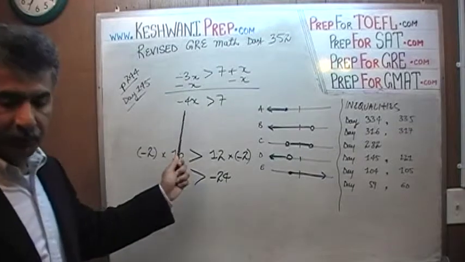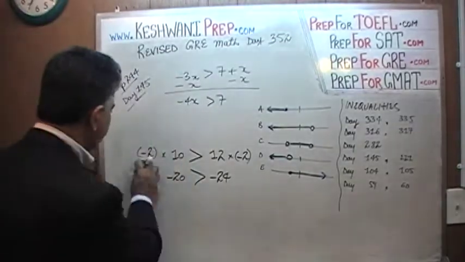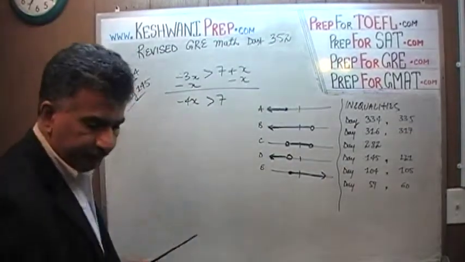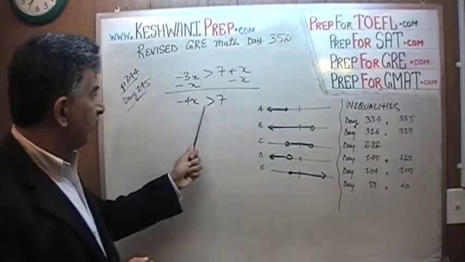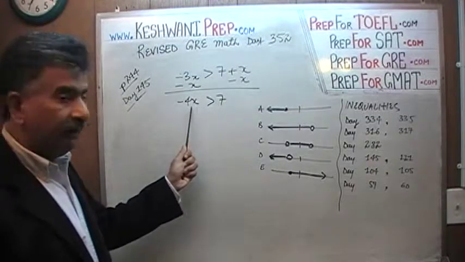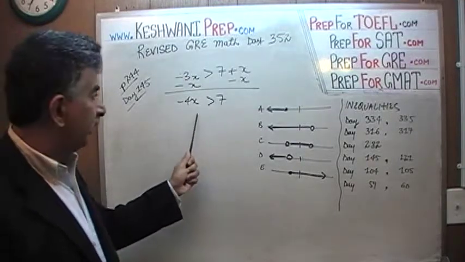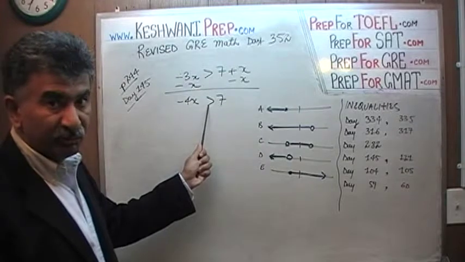Which is exactly what we have to do here. Now typically in the case of an equation, we would have simply divided both sides by negative 4 right here. But we can't simply do that with the inequality because this direction has to be switched.